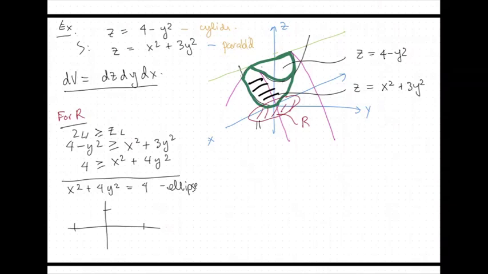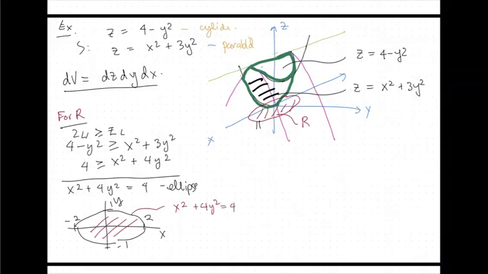And then when y is equal to 0, then x squared is equal to 4. That means x is positive and negative 2. So that's how I figured that out. Negative 1. And then this is your x-axis, this is your y-axis, and this is your region R. And the equation here is x squared plus 4y squared equal to 4.